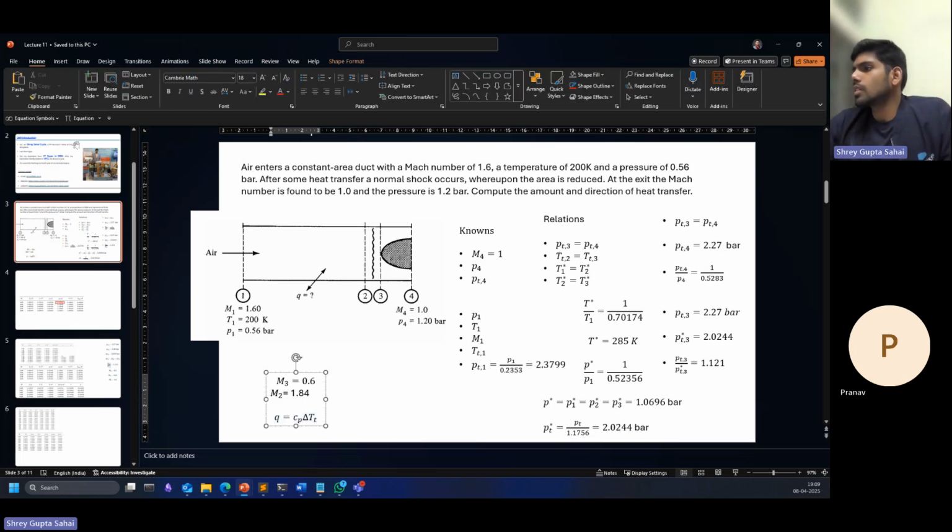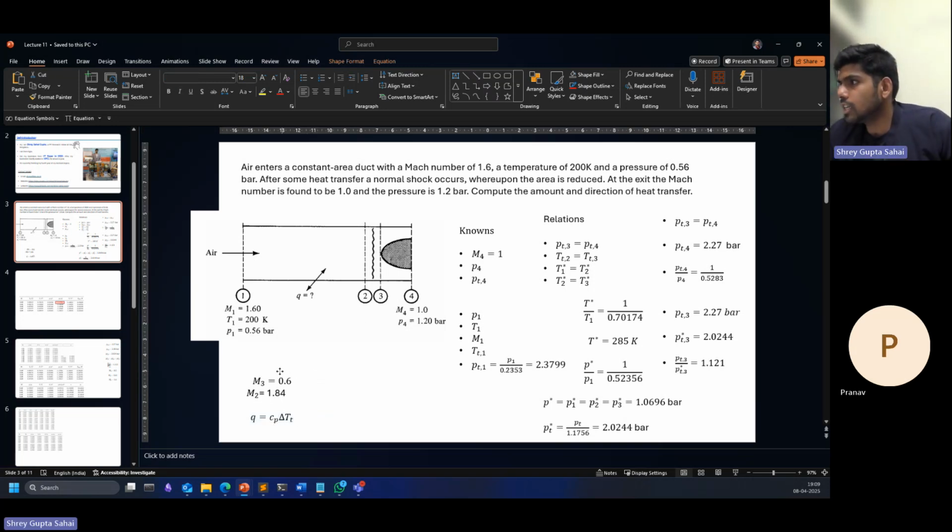Now we have to find total temperatures corresponding to both of these quantities. We know the Mach number just upstream of the shock is 1.84. We also need to find temperature conditions there to find out the total temperature. But there is one more step that we need to do.